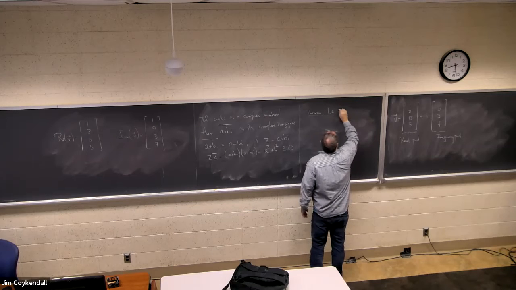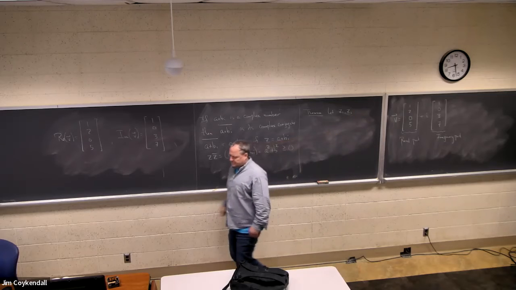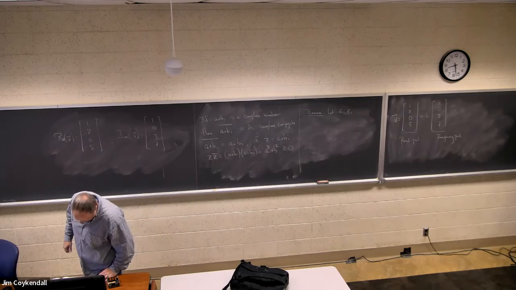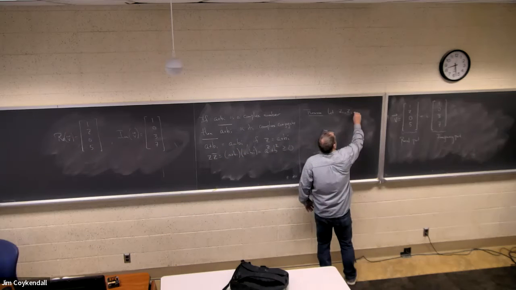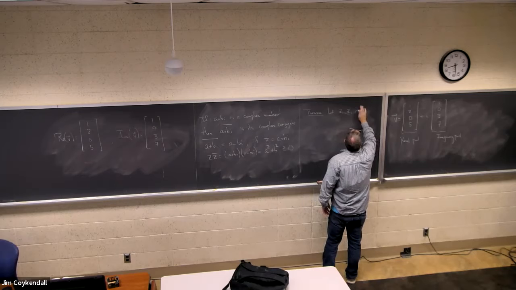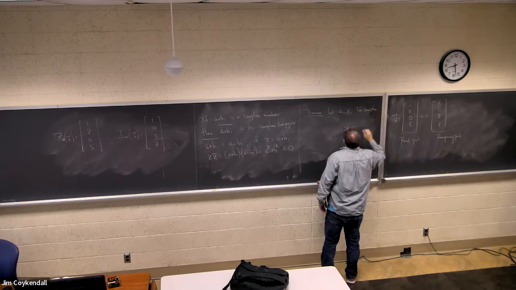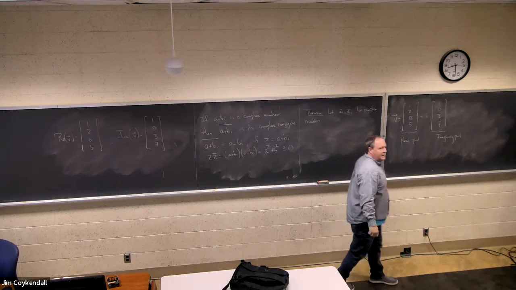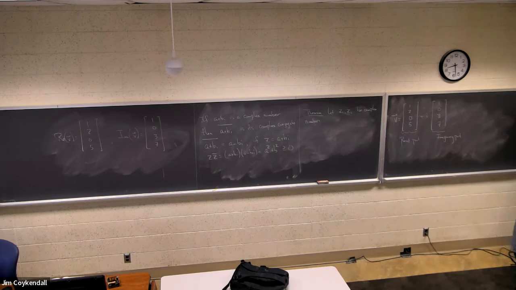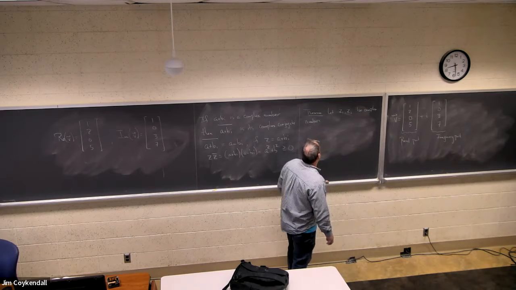Let C1 and C2 be complex numbers. By the way, let me point out that any real number is a complex number, but not every complex number is real.